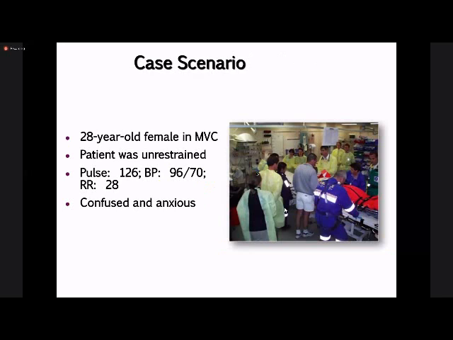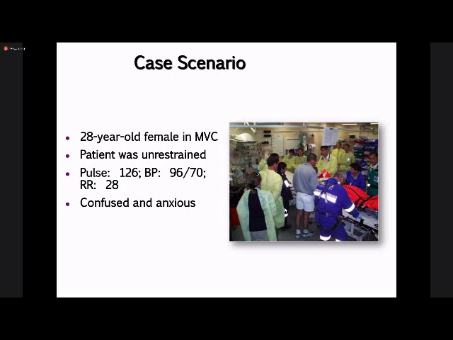Going back to the scenario: a young female after a motor vehicle accident, tachycardic, tachypneic, and hypotensive, confused and anxious. Most likely the patient is in hypovolemic shock. That is why she is confused and anxious. Confusion is due to inadequate brain perfusion. So after confirming the airway and breathing are okay, we need to quickly correct the patient's circulation.